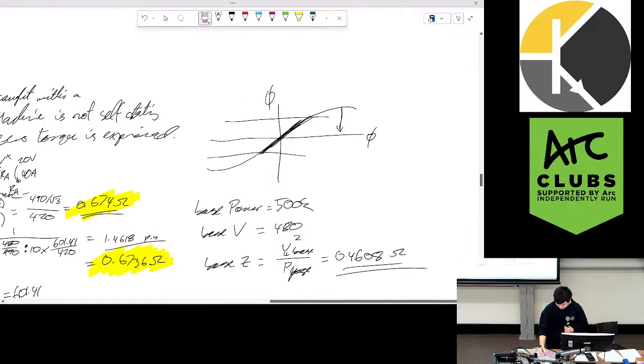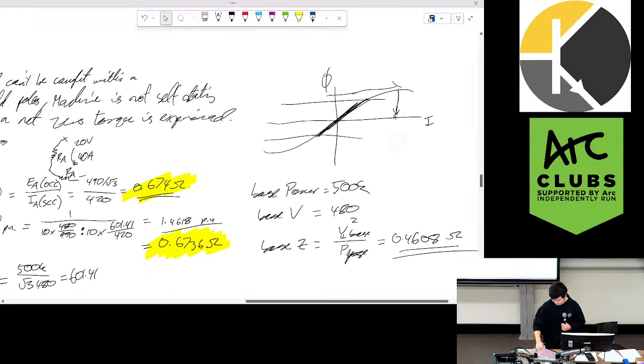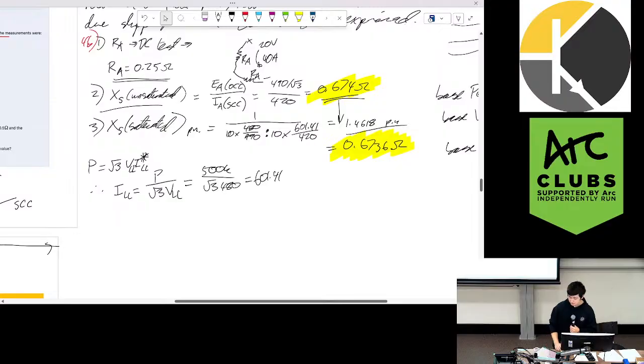This is meant to be phi versus I. Lots more current is needed for a little bit more flux. That's more like it. By needing more current for just a small increase in voltage, we need a smaller equivalent impedance, and therefore it does make sense for this to drop down when we look at the saturated version.